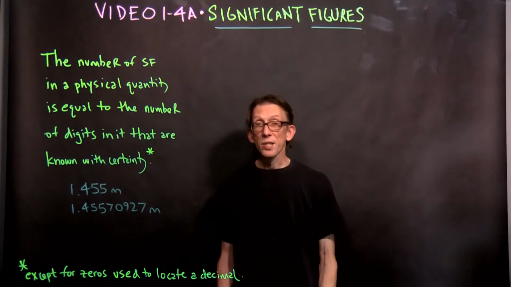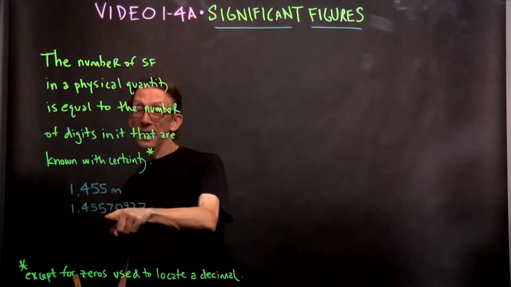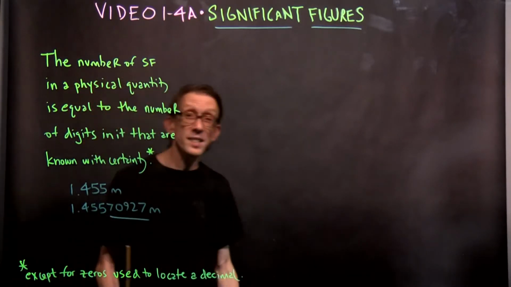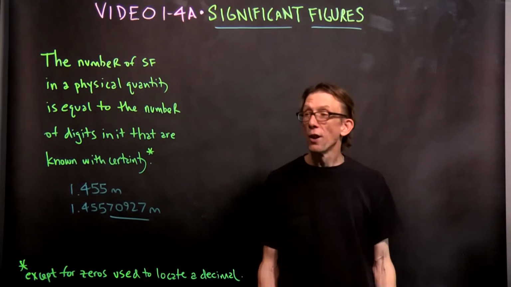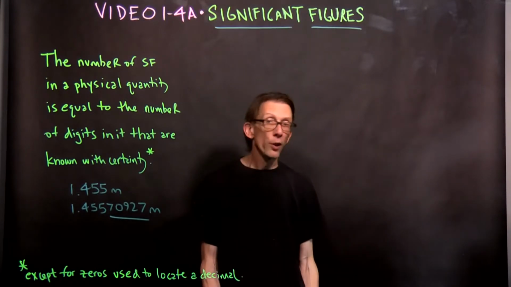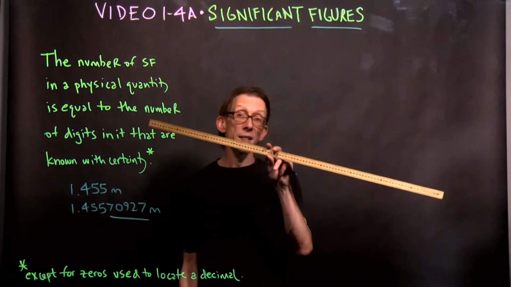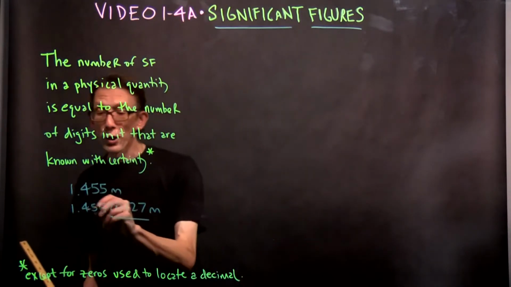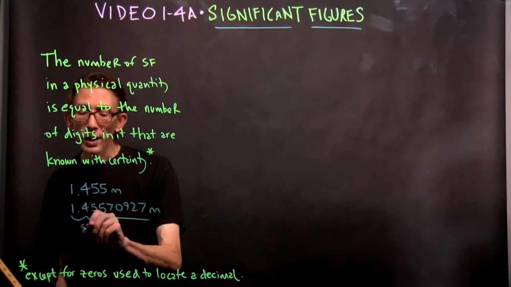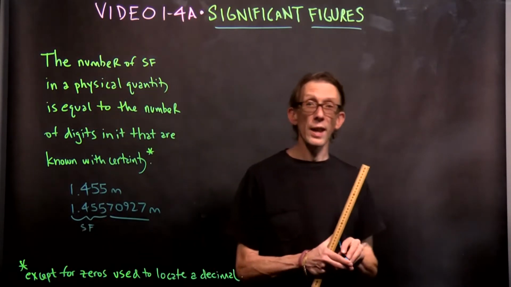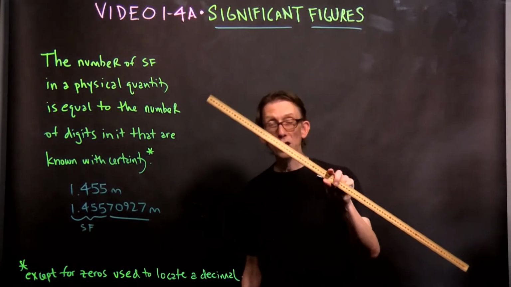So these last 5 digits here are not significant. They're not physically meaningful. They're not known with certainty. The best you can do with this meter stick is get it to within 1 millimeter. So the first 4 are significant figures. You just don't know the rest of it that well because of the limitations of your meter stick.